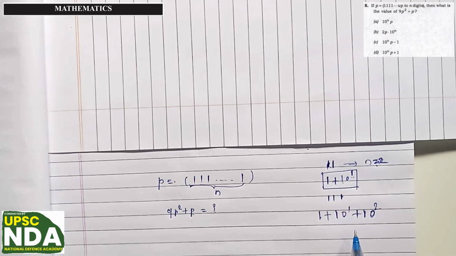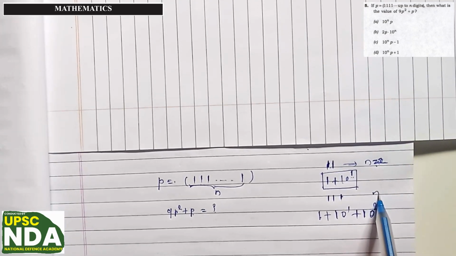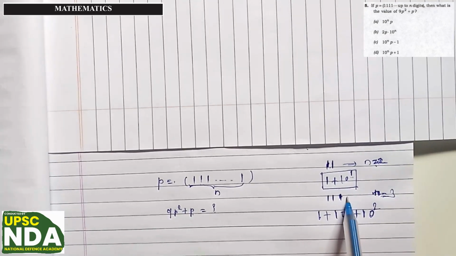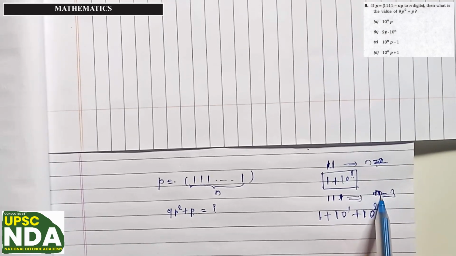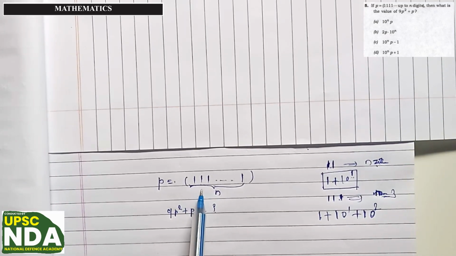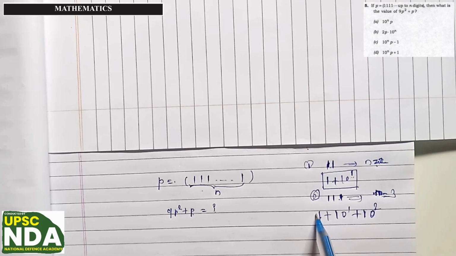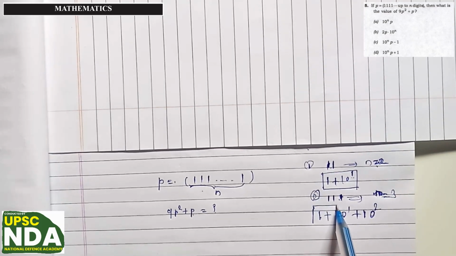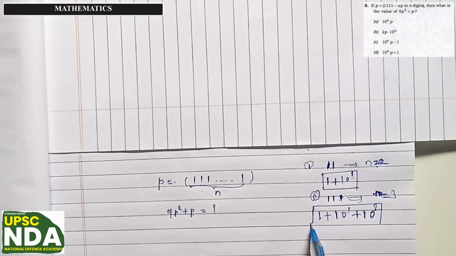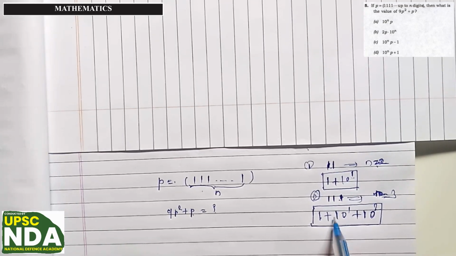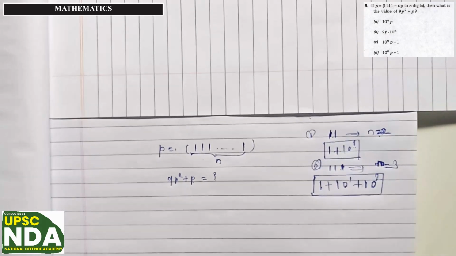So here n is 3, the number of digits is 3. I'm explaining general cases through examples. First case I explained here, second case here. By using the second case, I got the value of 111 as 1 plus 10 raised to 1 plus 10 square.